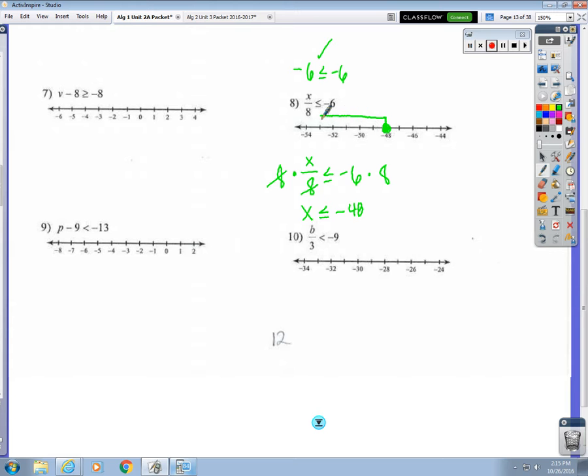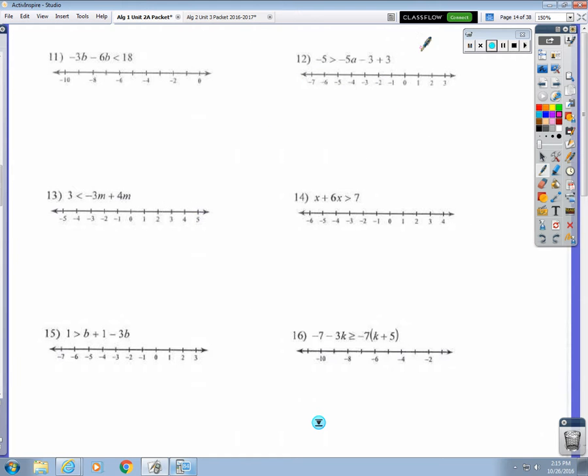To the left of it. Okay, now for the interval notation, what is your lowest solution? Negative infinity though, because it's left forever. And then what's your highest? Bracket or parenthesis? Bracket, because it actually is one of the solutions. Okay, other questions? 12?